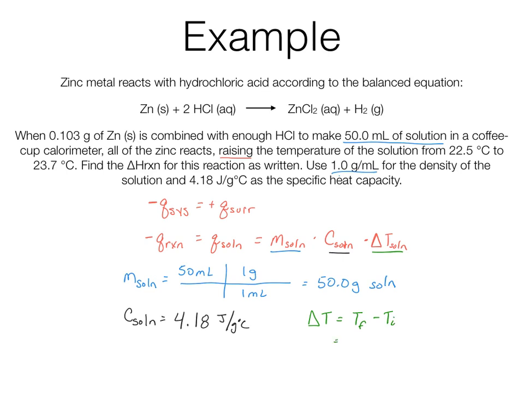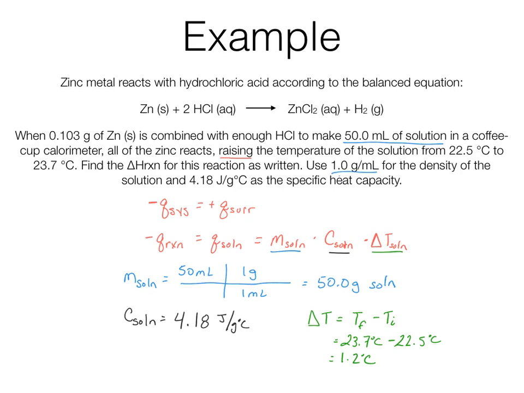And so this is equal to 23.7 degrees Celsius minus 22.5 degrees Celsius, which is going to be equal to 1.2 degrees Celsius.